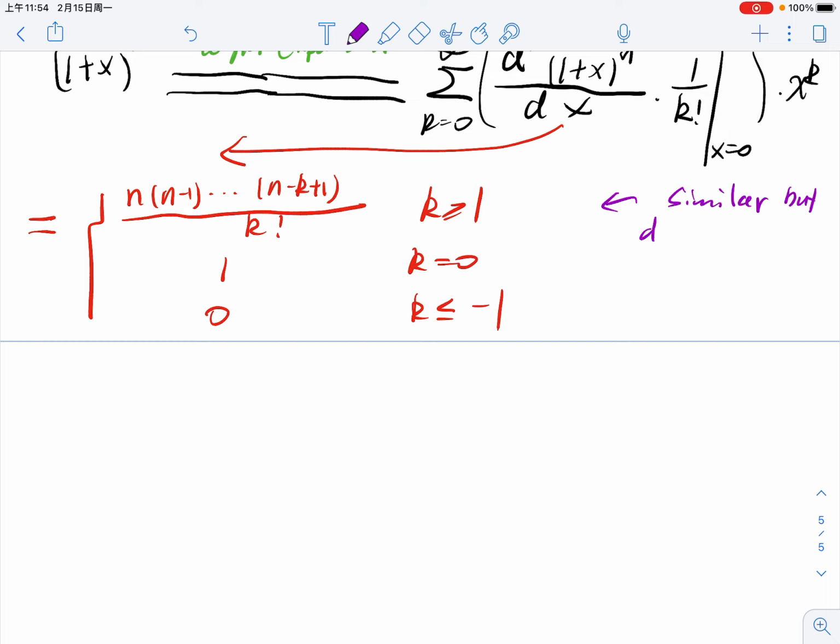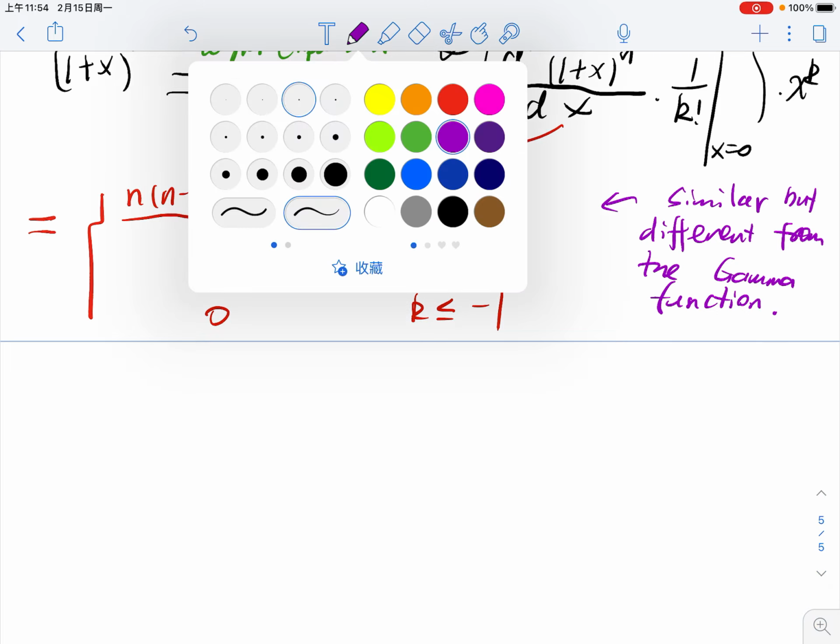But different from the gamma function. You can search online what the gamma function is.